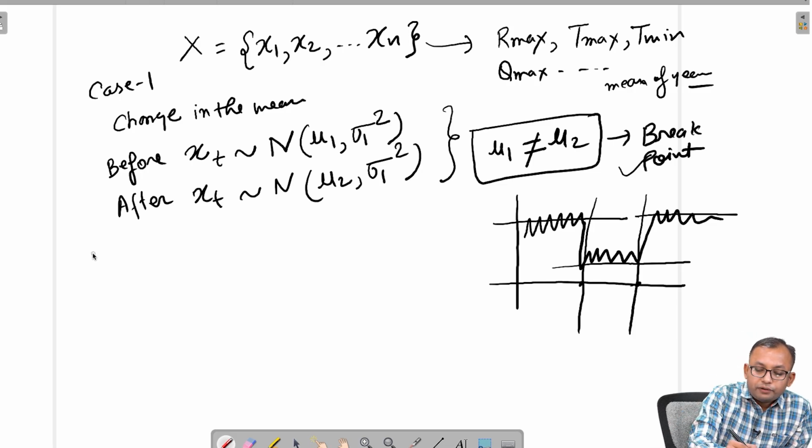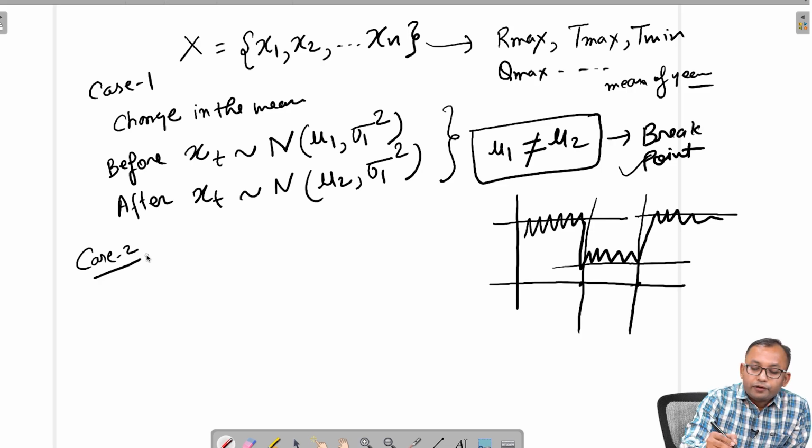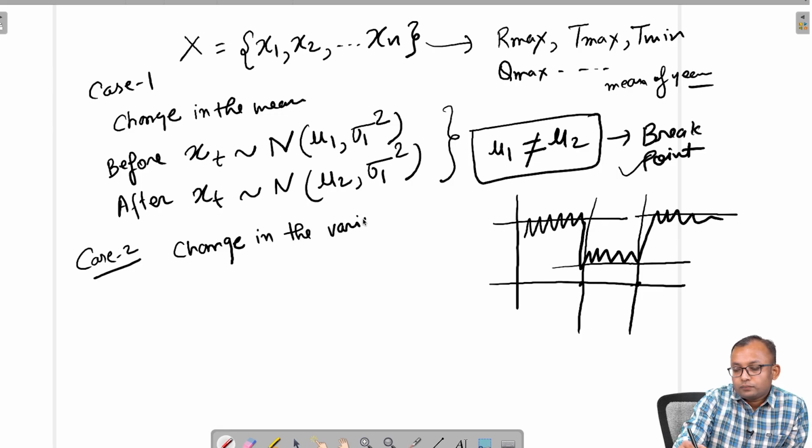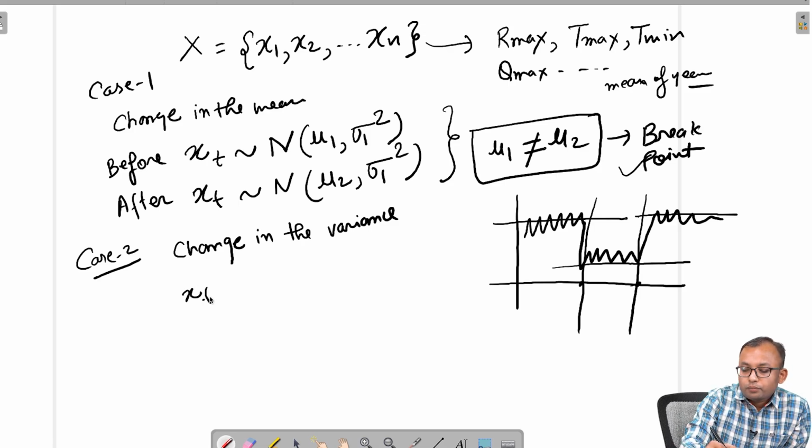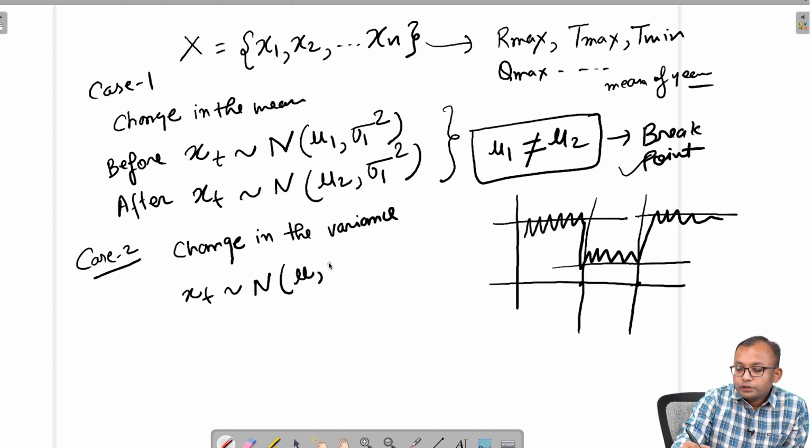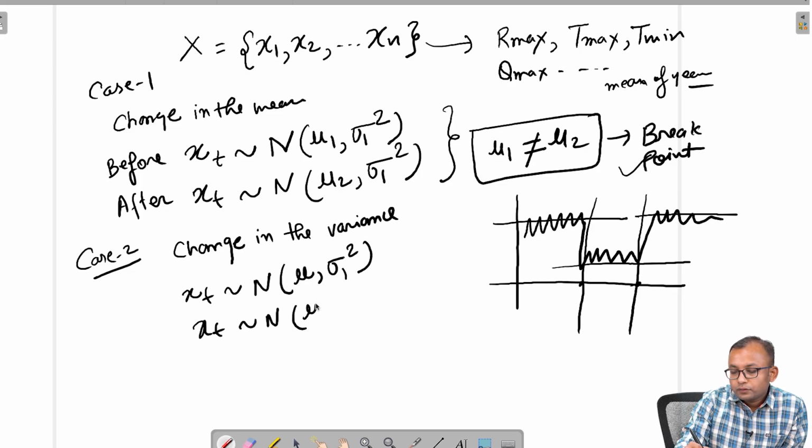Case 2 is where we talk about a change in the variance. Let us say you assume the probability density functions, and you are assuming that mu is the same, but sigma 1 and sigma 2 are changed.